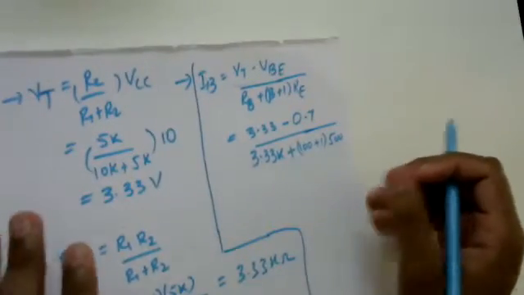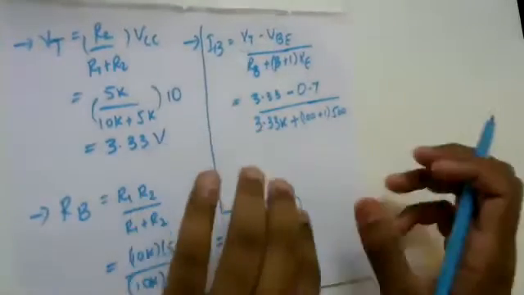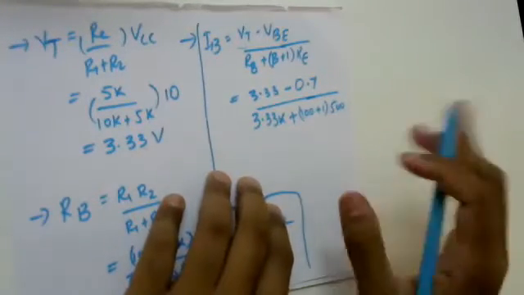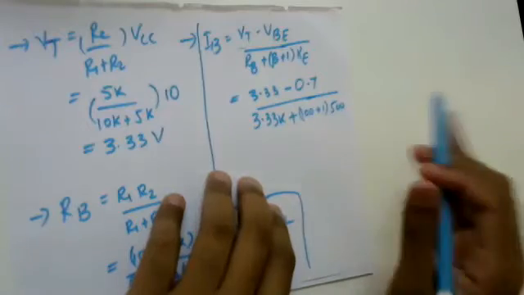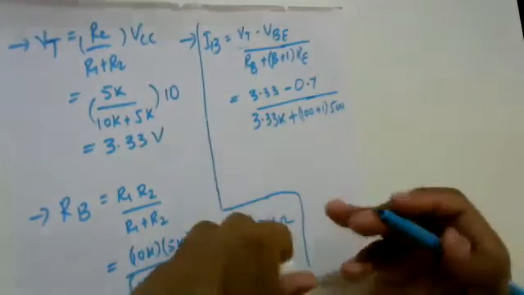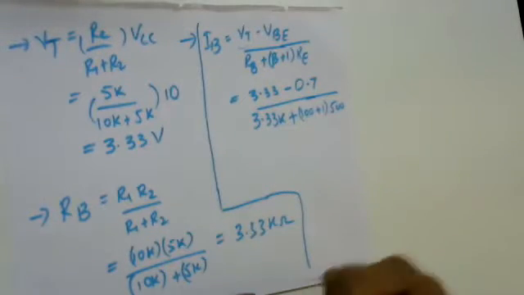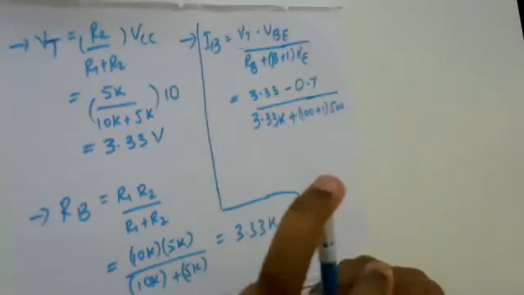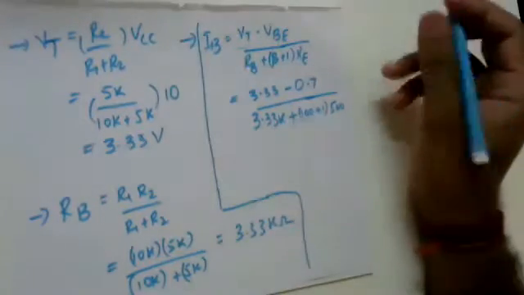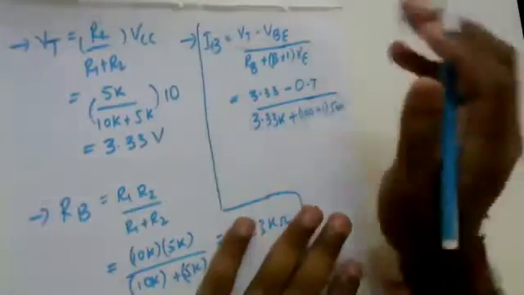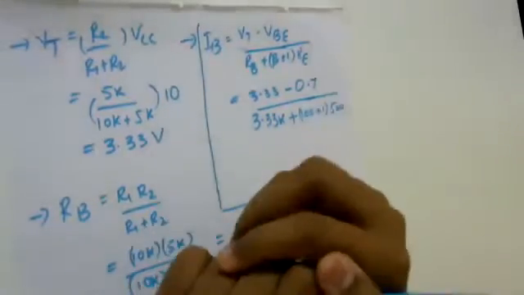Assume that in the worst condition, in your semester examination, he has not given you the value of beta. Take a real time problem. He has missed out to give the value of beta. What are you going to do? Yes, students, please answer me. Assume that the value of beta is not given to you.